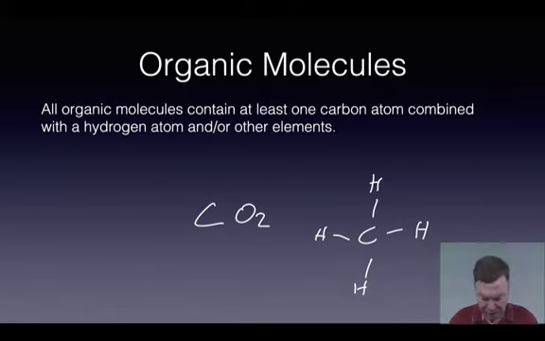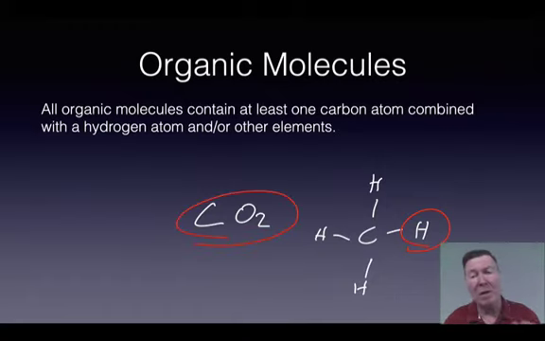This one has the hydrogen in it, whereas carbon dioxide does not. So an organic molecule is any carbon-based molecule with carbon that's combined with hydrogen or some other atom, usually hydrogen, but could be some other atom in some way.